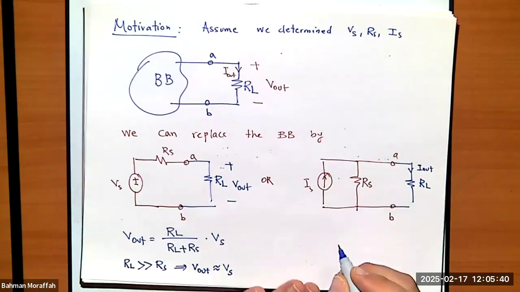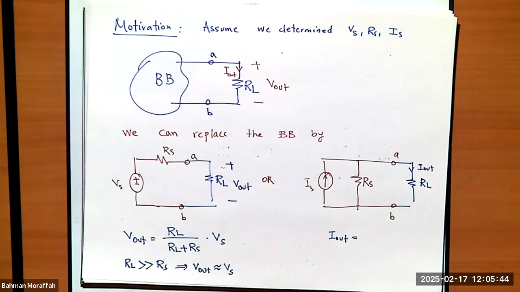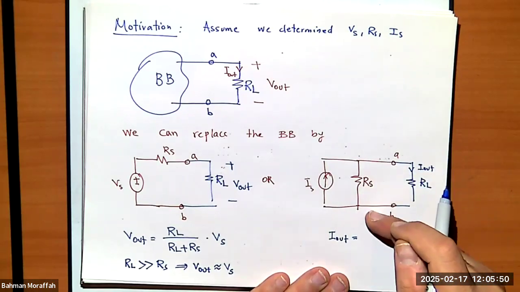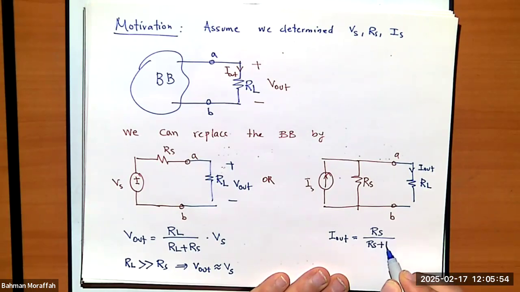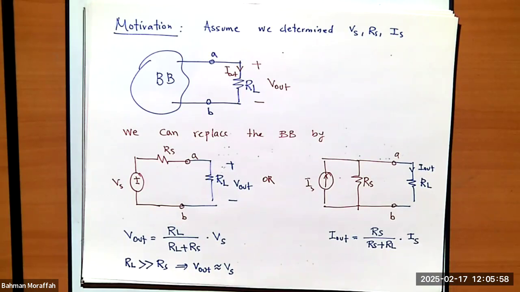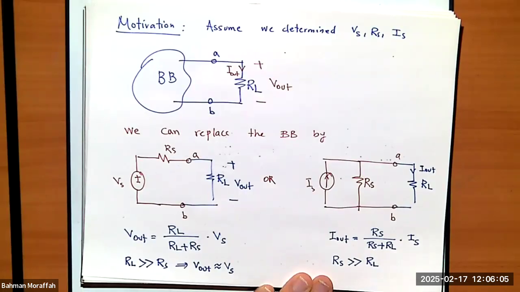How about I out here? What is I out? Again, that's a current divider, right? I know the current through RL is proportional to the value of the resistance in the other branch, which is Rs, divided by Rs plus RL, times Is. Right? What happens if Rs this time is much, much bigger than RL?